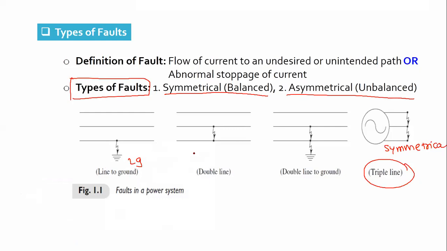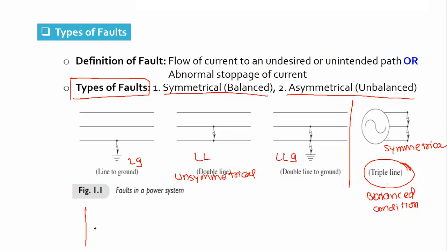And line to ground, line to line, and double line to ground are called unsymmetrical or asymmetrical. The difference between these two is that here, although there is a fault, the system still remains in a balanced condition. What does it mean? Let's say we have a three-phase system with some value of the phase currents.